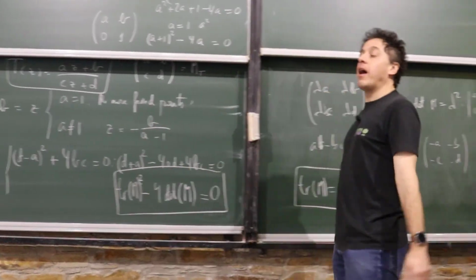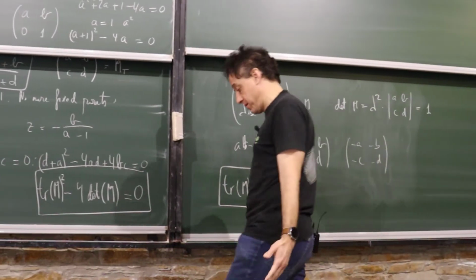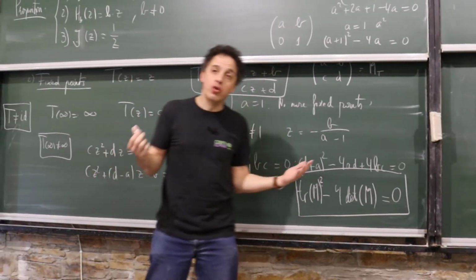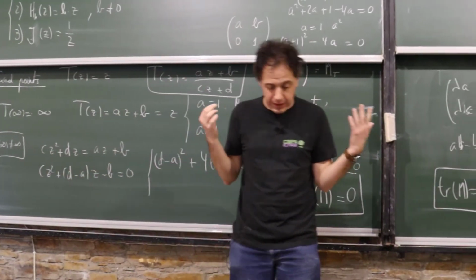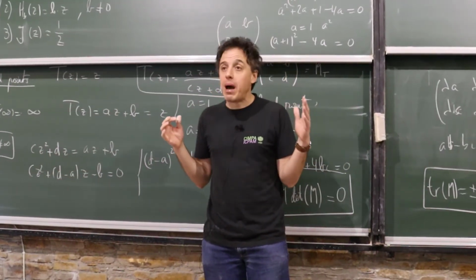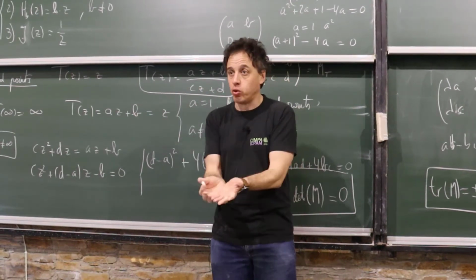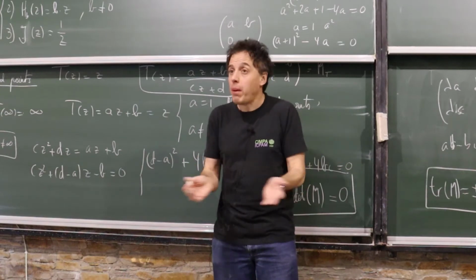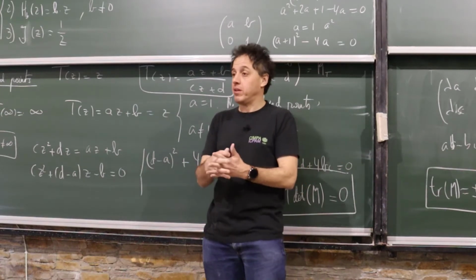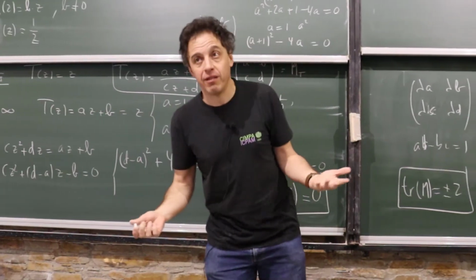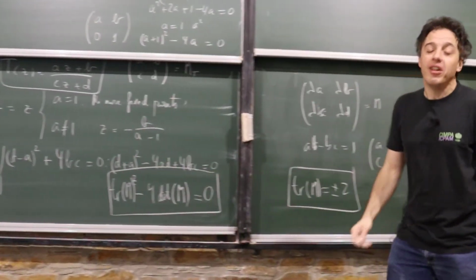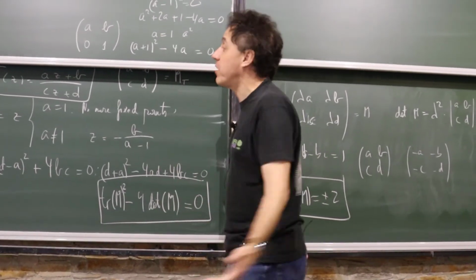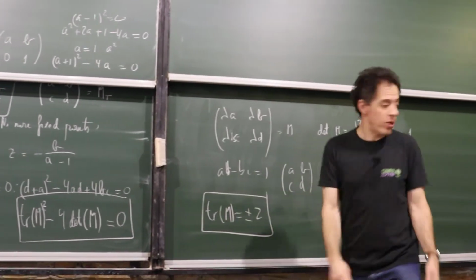But this is also a topological fact. Perhaps if you have studied enough topology, you may know that any continuous map from the sphere S2 to itself always has at least one fixed point. This is a hard theorem, quite complicated, but here it is, of course, much easier.